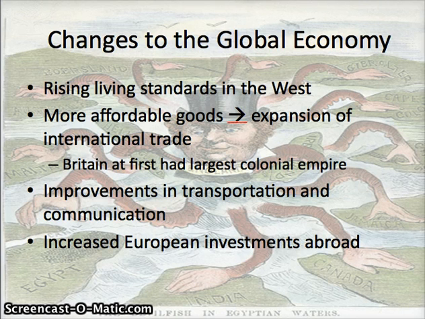A really good example of this is that they're able to get really cheap cotton from India, and this allows them to take that raw cotton and manufacture it, turn it into finished cloth goods, and do that at a cheaper price because they can get cotton for so cheap from India, right?